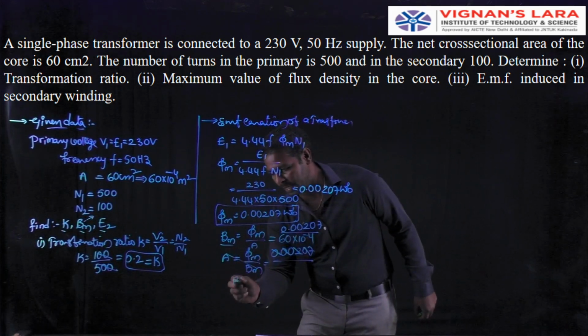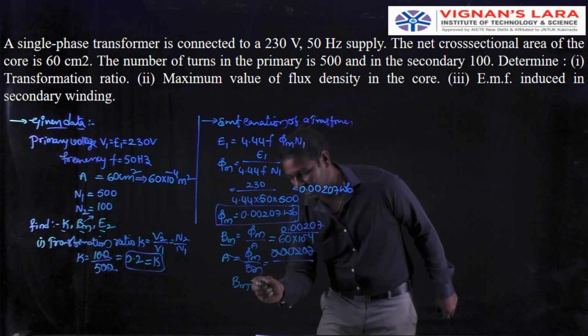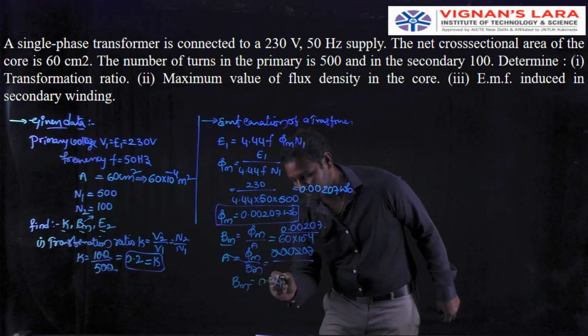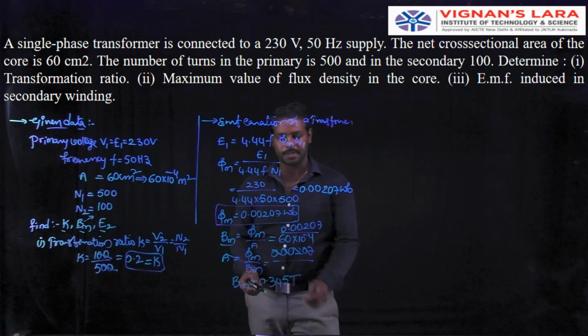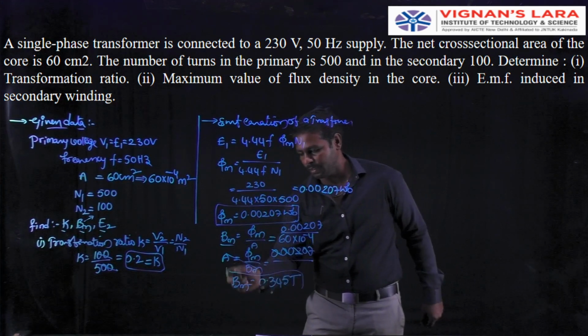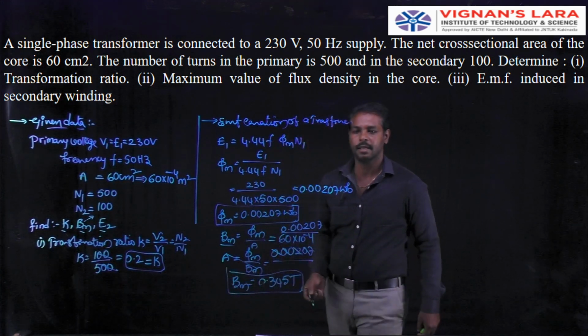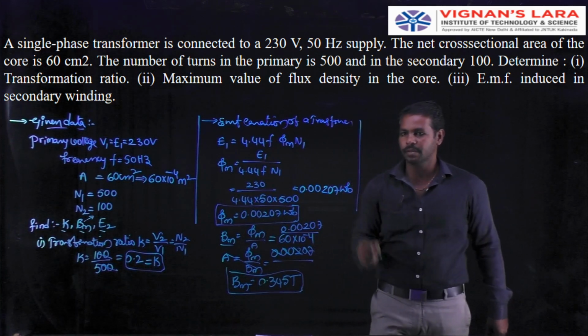Then Bm is equal to 0.345 Tesla. Weber per meter square is to be represented in Tesla. So Bm is equal to 0.345 Tesla.